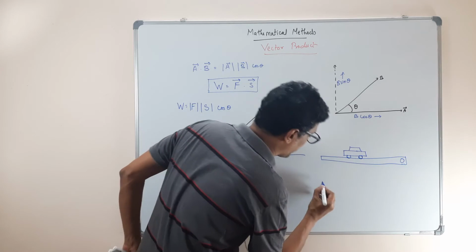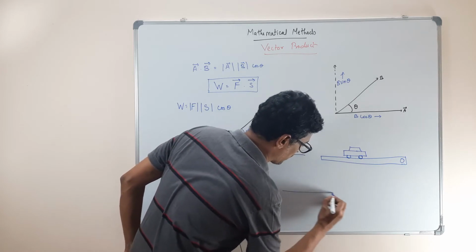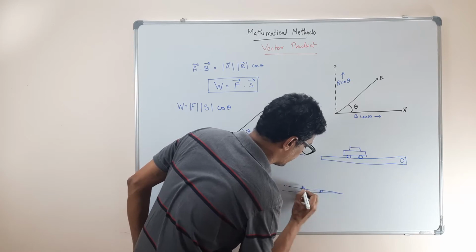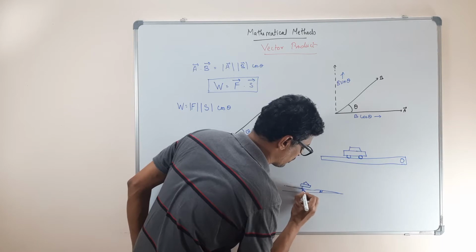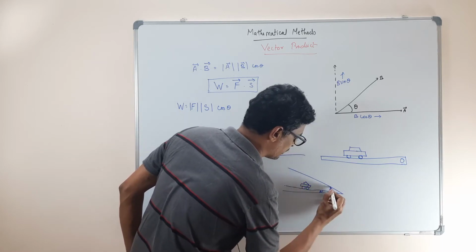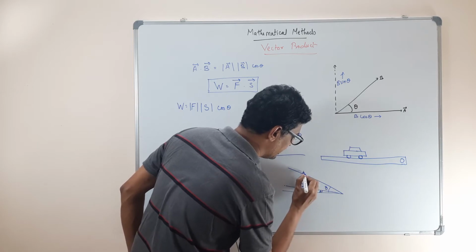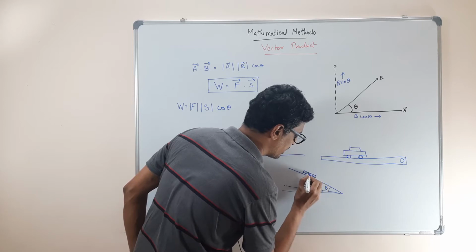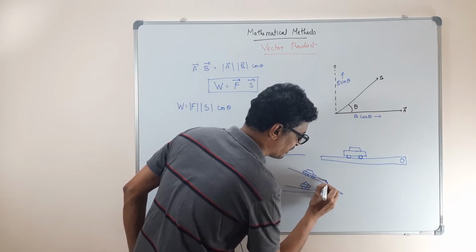If I raise the platform like this, to a small angle theta, the car may not roll down. It will stand. Then when I raise it further, beyond this angle theta, the car will start rolling down. Am I right?